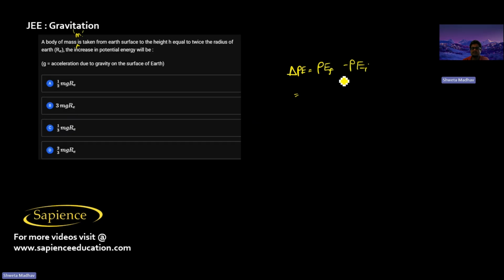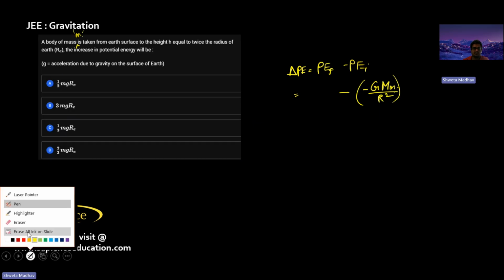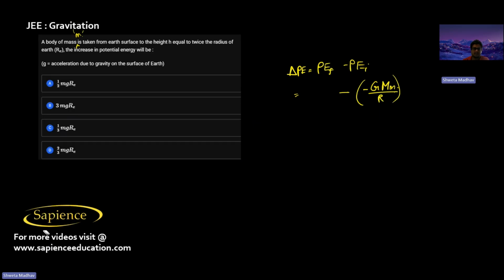So it is taken from the Earth's surface. Initially, the gravitational potential energy is minus GMm by R, and the final potential energy will be minus GMm by (R plus h), and height is 2R.